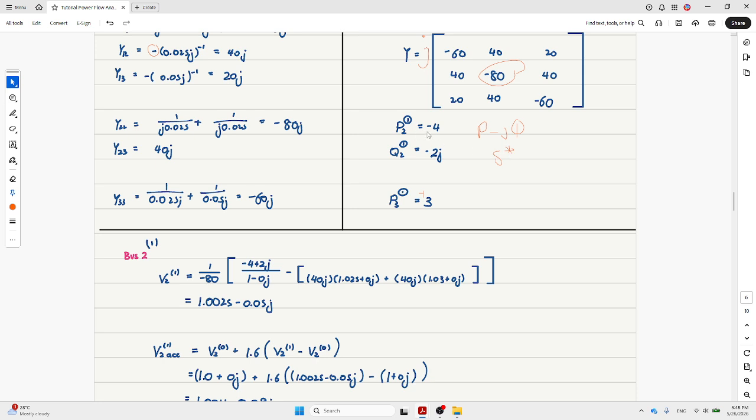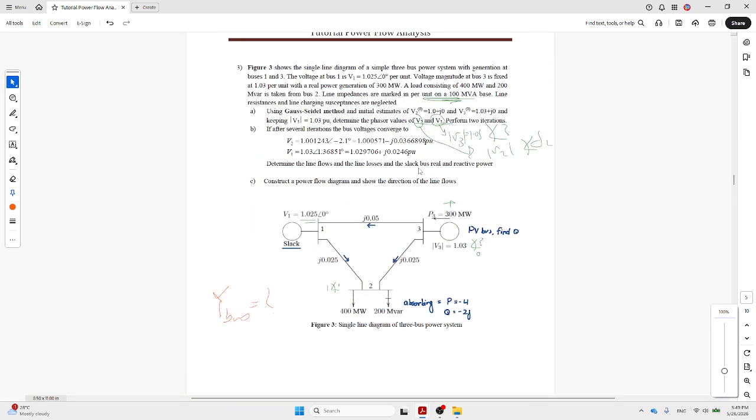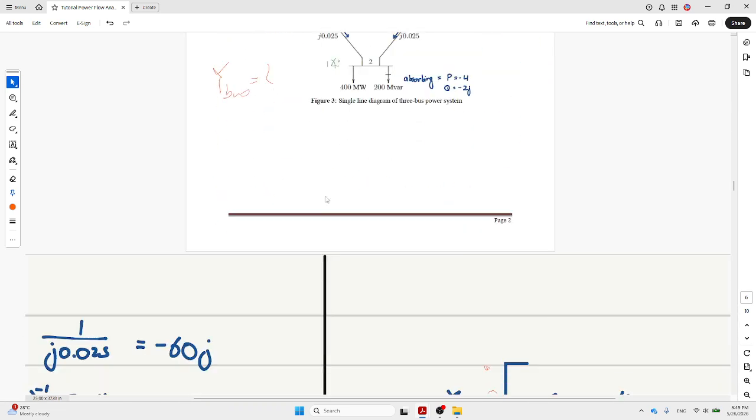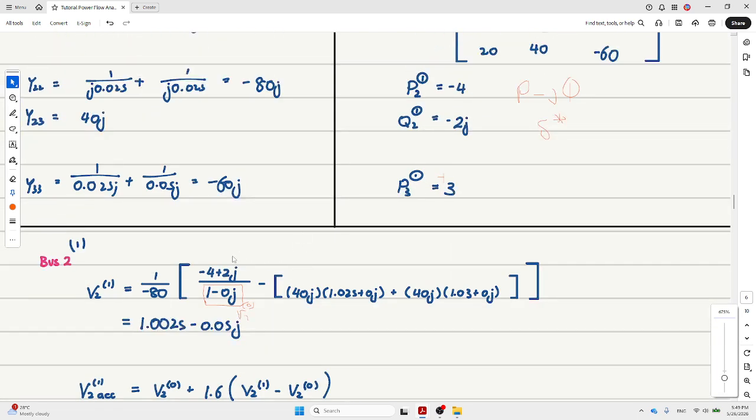So S is minus 4 minus 2j, and conjugated it becomes minus 4 plus 2j, over V2 in the zero iteration, which is given here as 1 with the angle of 0, and then we have a sigma.